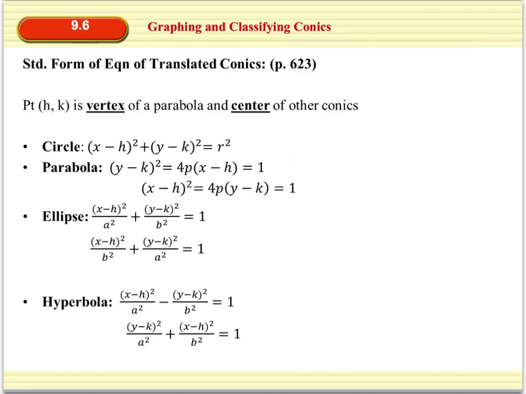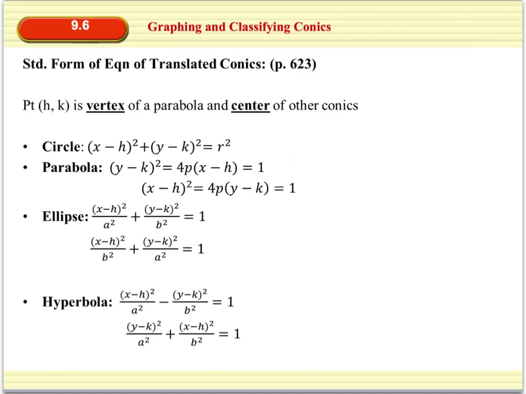The standard form of an equation of a translated conic says that if I have a point (h, k), this point (h, k) is the vertex of a parabola and the center of all of my other conics.